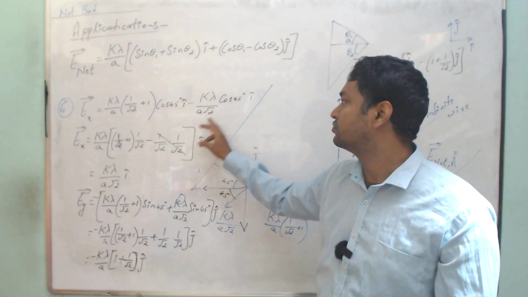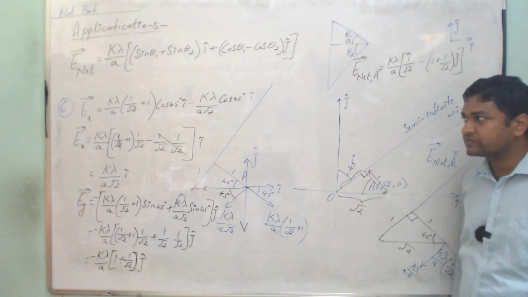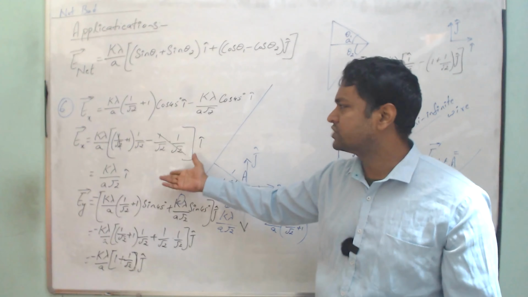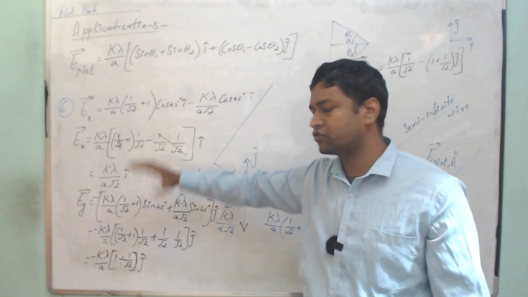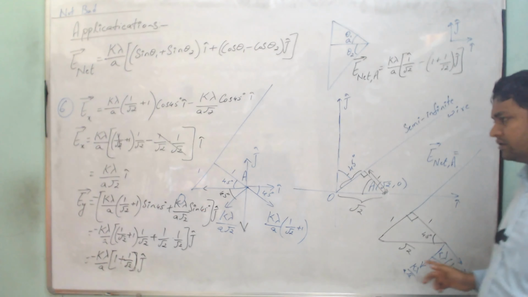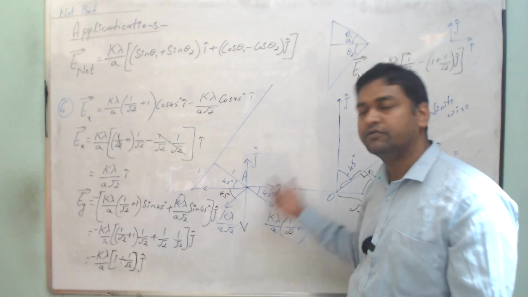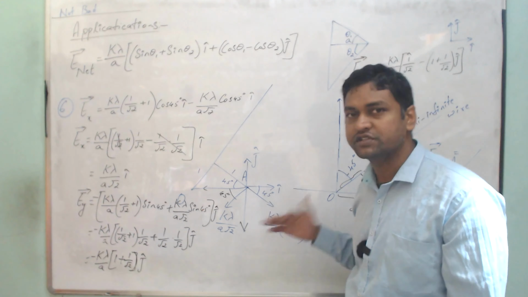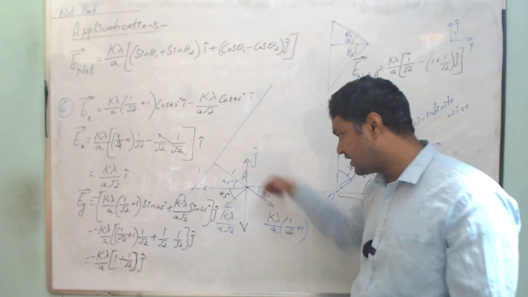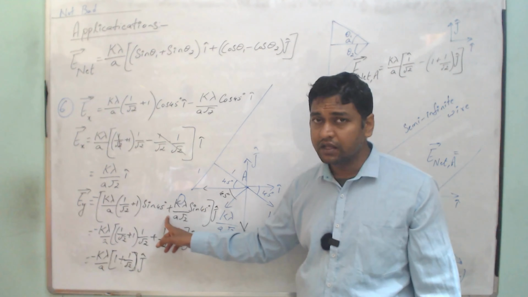Solving that is not a big deal. Sometimes we might make some mistake, but solving is not the bigger issue over here. Imagination and then converting my given geometry in terms of my I cap, J cap according to the question is important. Similarly, these two will have a component in the downward direction, so a positive sign will come in between.